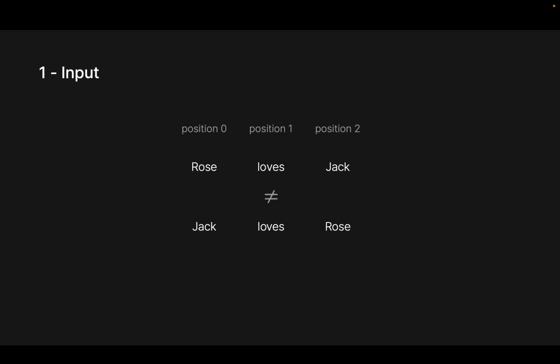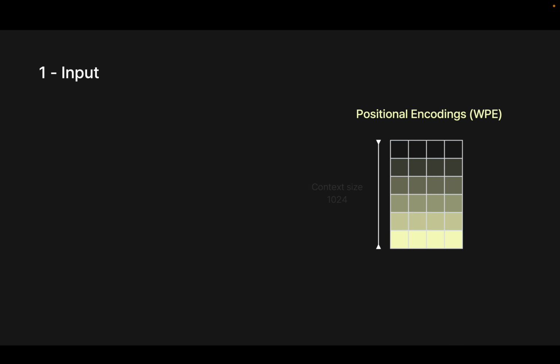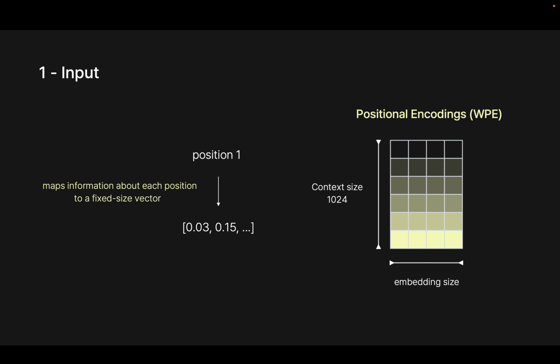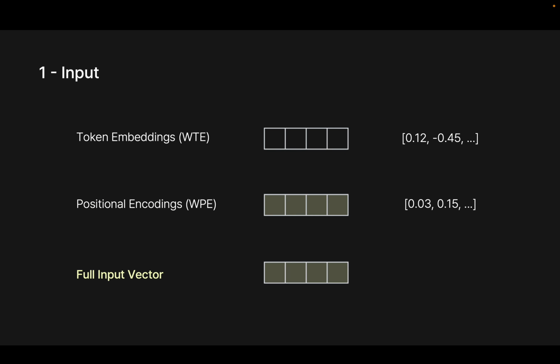So the model must also know where each word appears in the sequence. The second input is positional encoding. It gives each token a sense of where it appears in the sequence. These two vectors are added together to form the final input vector.